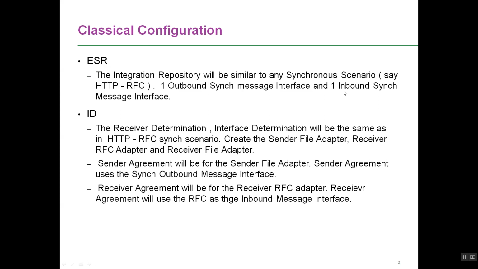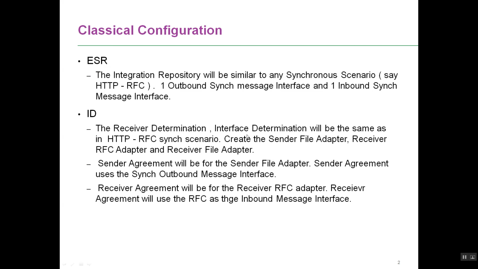So even though the file is asynchronous, we are now going to build it in such a way that the file's outbound service interface will be a synchronous service interface, and the inbound service interface where we are making a RFC call will be a synchronous service interface. Okay. Next, the receiver determination and interface determination will continue to be the same as our HTTP to RFC synchronous scenario.